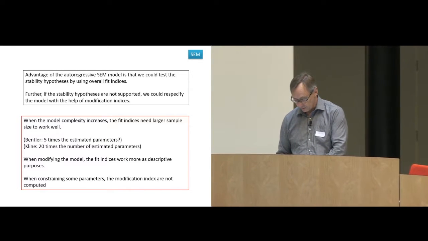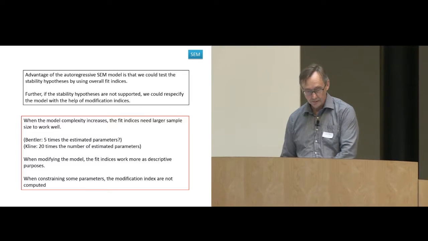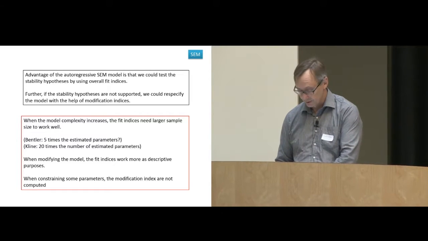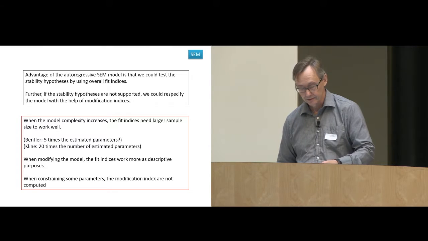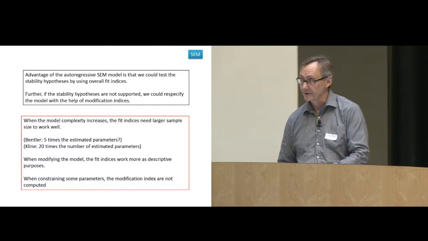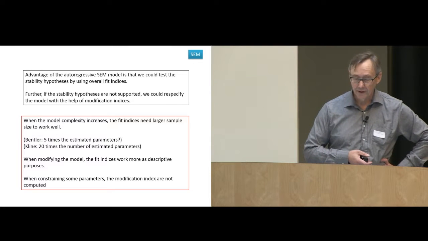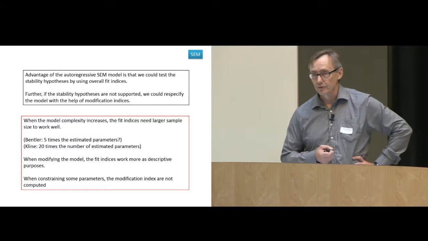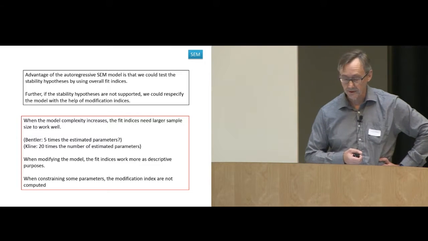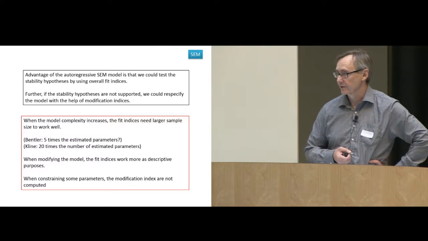The advantage of the autoregressive structural equation model is that we could test the stability hypothesis by using overall fit indices, if we have enough data. Further, if the stability hypotheses are not supported, we could re-specify the model with the help of modification indices.